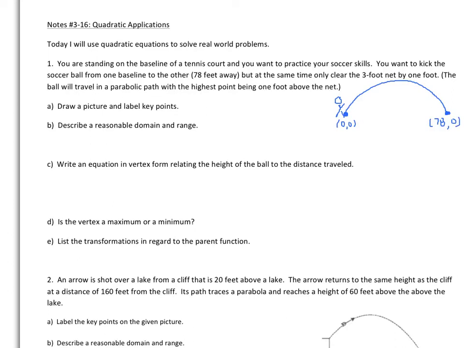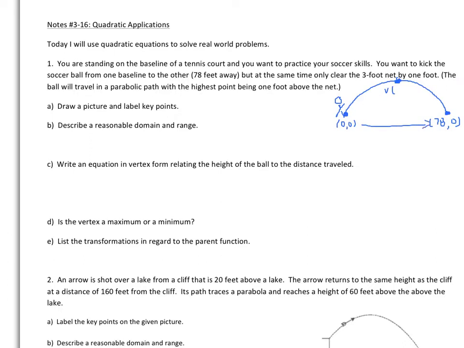Okay. And then it says he wants to clear the 3-foot net by 1 foot. So that's going to be at its highest point. So this point right here, our vertex, it's going to be halfway between 0 and the 78, right? Because from here to here is 78 feet.